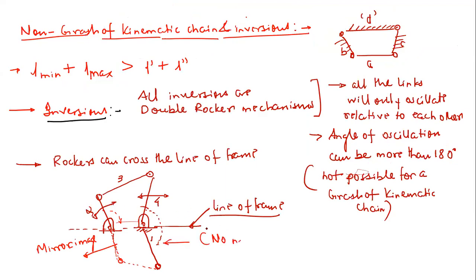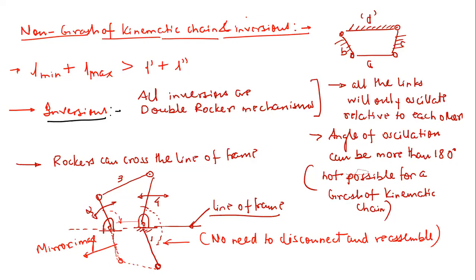So no need to disconnect and reassemble. You can simply connect all the links above the line of frame, and then simply move all these links to acquire the mirror image configuration. So there is no need to disconnect and reassemble.